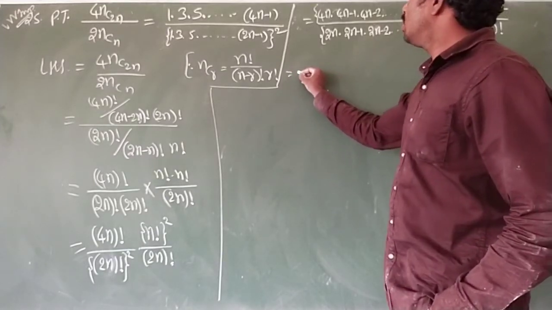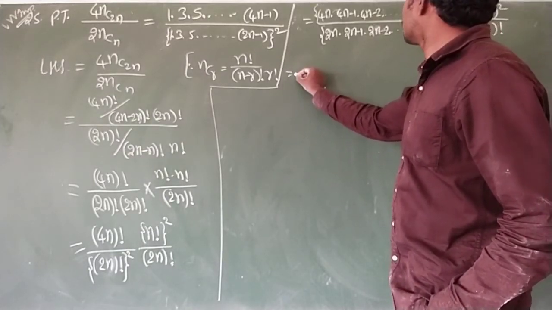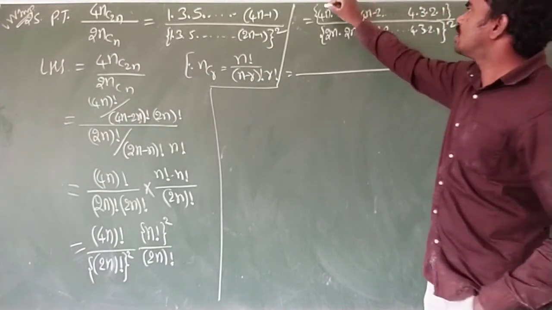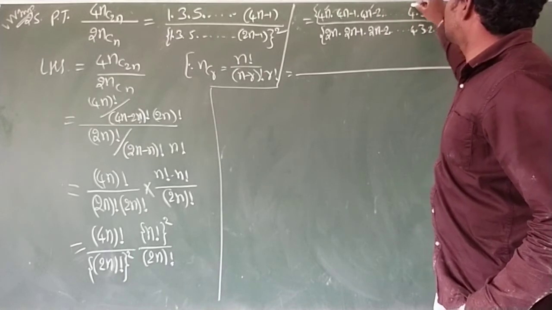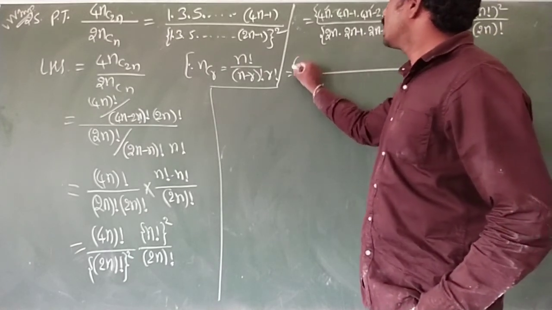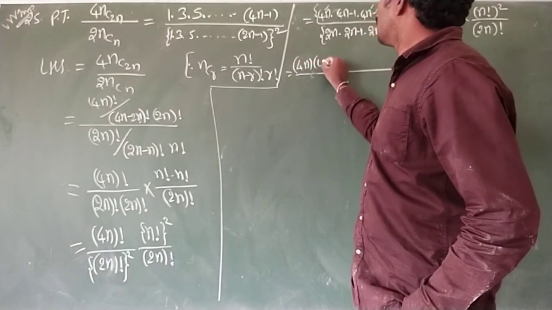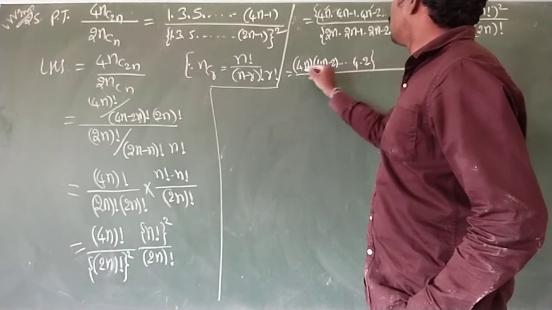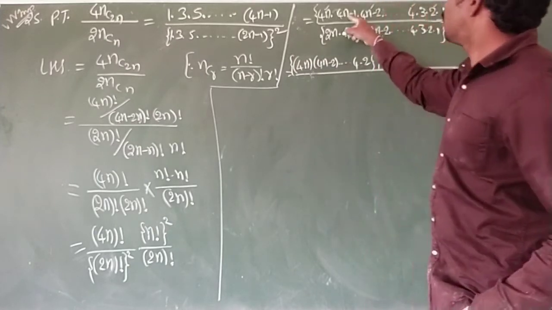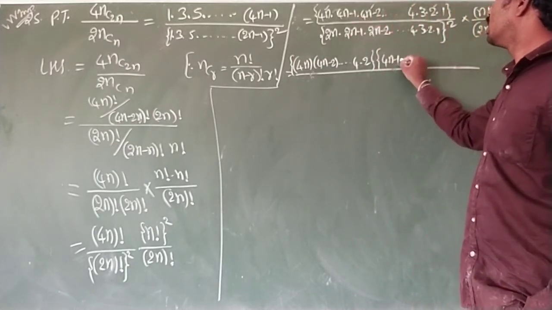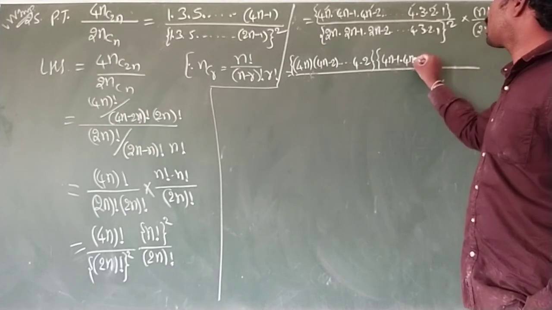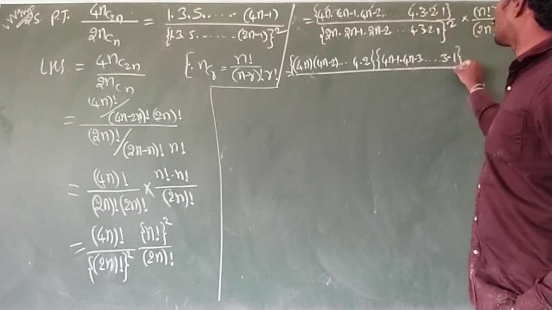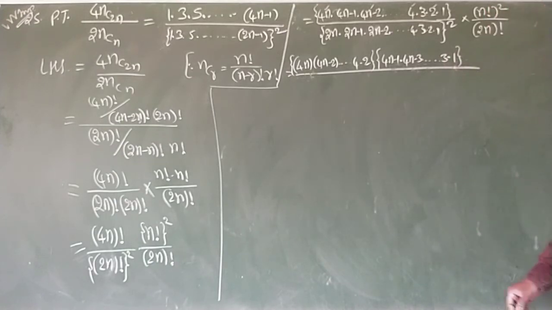So which is equal? See in this, what are the even terms? 4n, (4n minus 2), so on, 4 into 2. I am writing even terms: 4n into (4n minus 2) into so on 4 into 2. And what are the odd terms? (4n minus 1) into next will be (4n minus 3) into so and so 3 into 1. Am I right? I split even terms and odd terms.